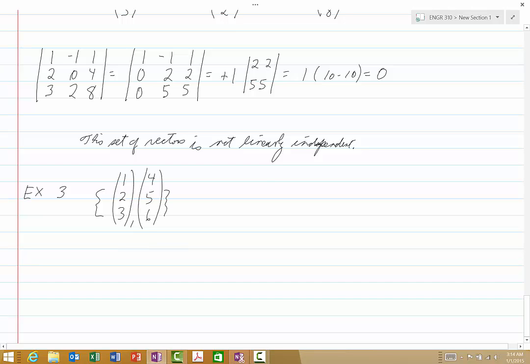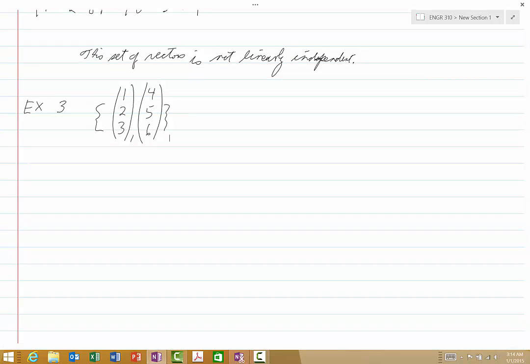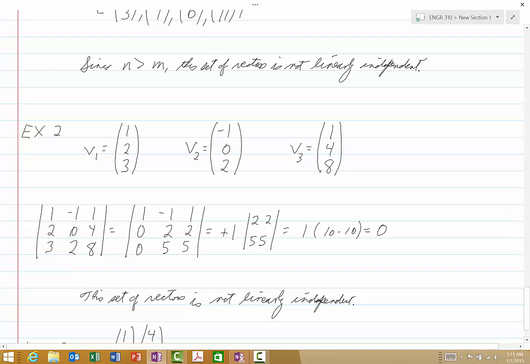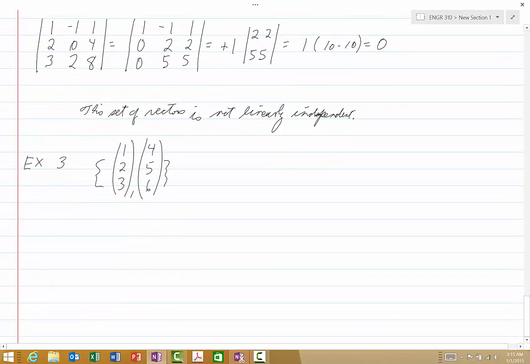I want to test this set of vectors. Okay, and by the way, let me make sure it's clear here. In example 2, as we mentioned, n is equal to 3 and m is equal to 3. And now in this case, n, the number of vectors, is 2, but m, the number of components, is equal to 3.